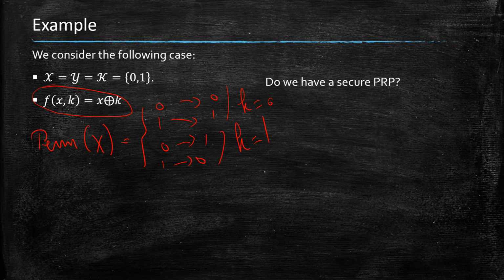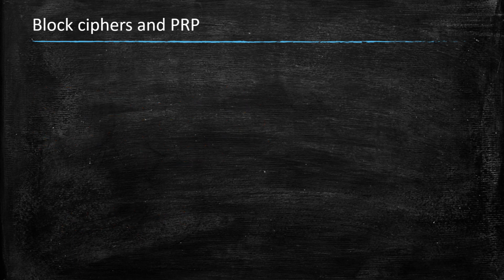The advantage of the previously defined adversary this time is going to be 0, meaning that they cannot distinguish just by testing whether or not the values they receive are different. They cannot test whether or not these are evaluations of f versus evaluations of the pseudo-random permutation.